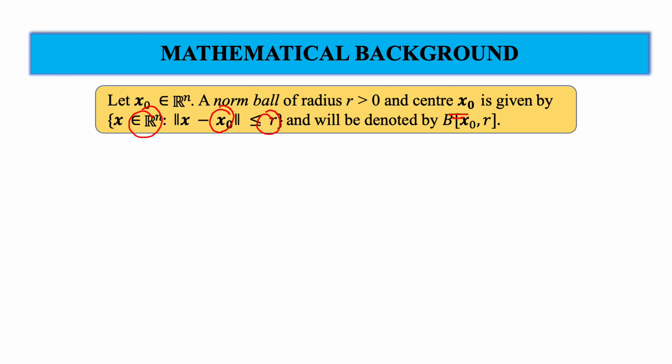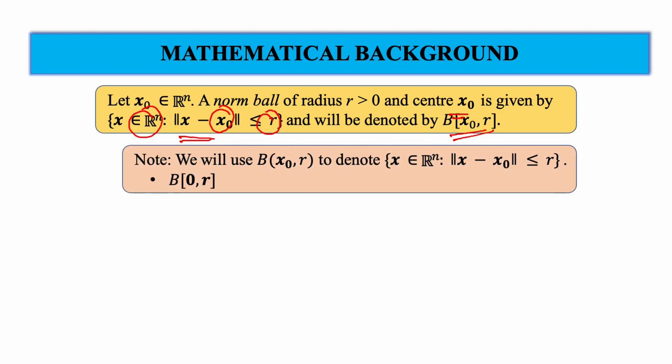The norm defines the distance. So we collect all those points which are at a distance at most r from x0. We will call it a closed ball because we are taking the points on the boundary also, and we denote it by B[x0, r].